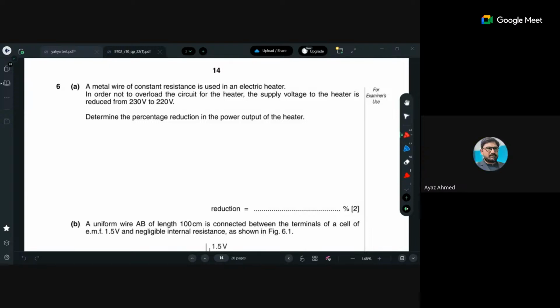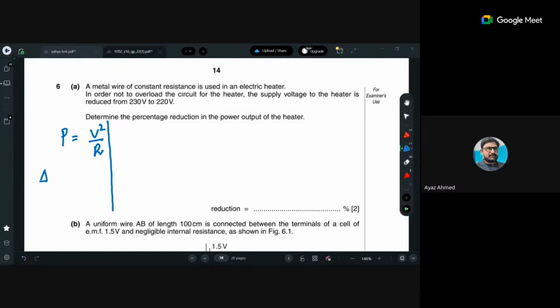So for percentage reduction, first of all, we have to figure out what the power consumption would be. That will be V square divided by R. There is no value of R, but I think that would not be a big deal. First, we will consider this a master formula, and with the help of it we will be calculating power. Secondly, how to calculate the percentage change?